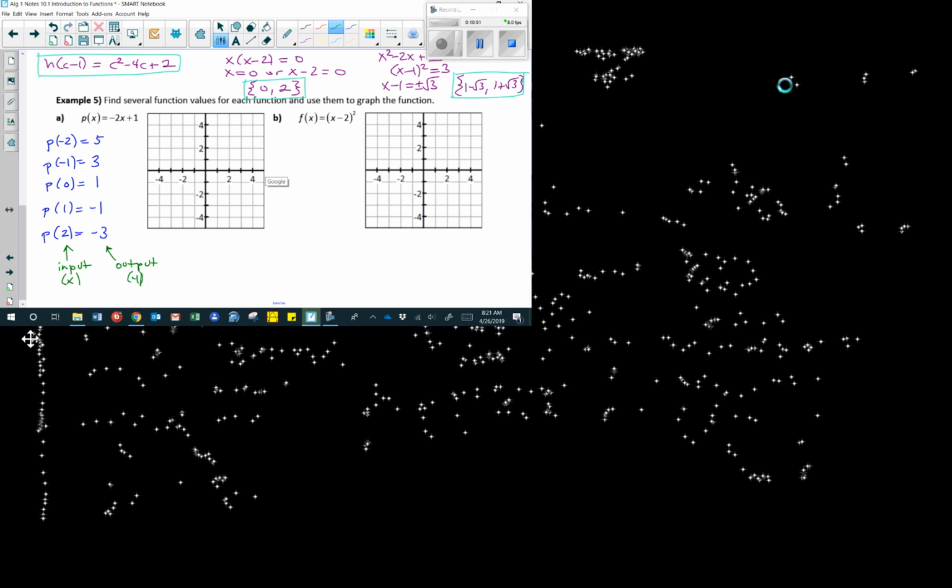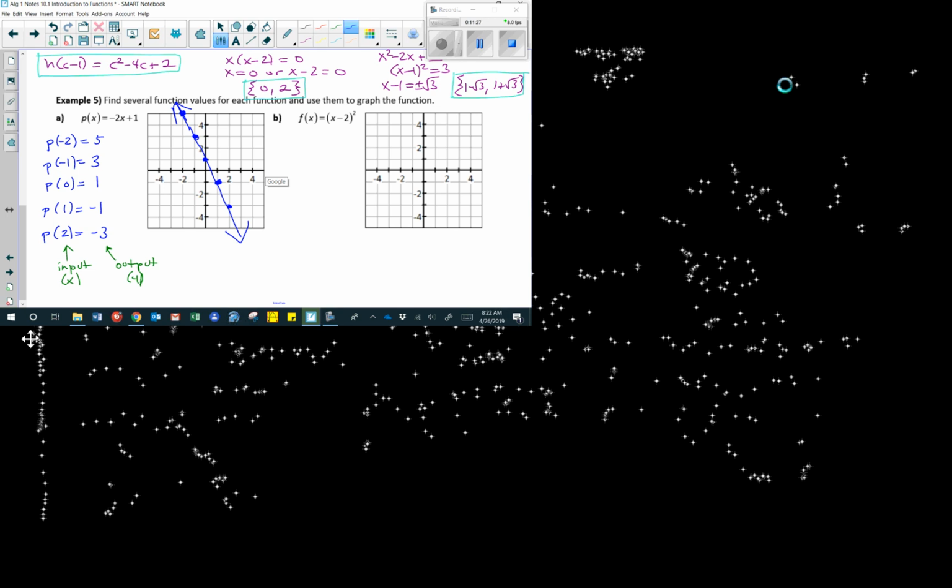So now I just need to graph all of those ordered pairs: negative 2 comma 5, negative 1 comma 3, 0 comma 1, 1 comma negative 1, and 2 comma negative 3. And you can observe that the graph of p of x is equal to negative 2x plus 1 is a line. We could certainly have graphed that a little bit more easily if we remember the y equals mx plus b form of a line.